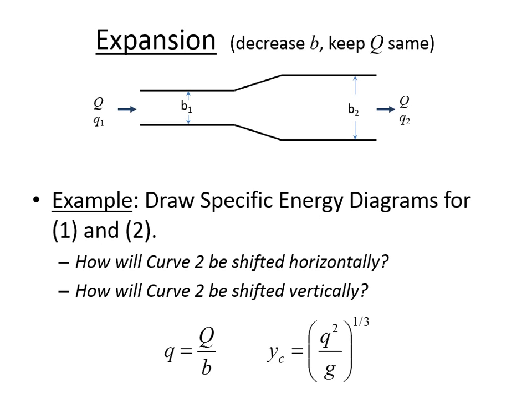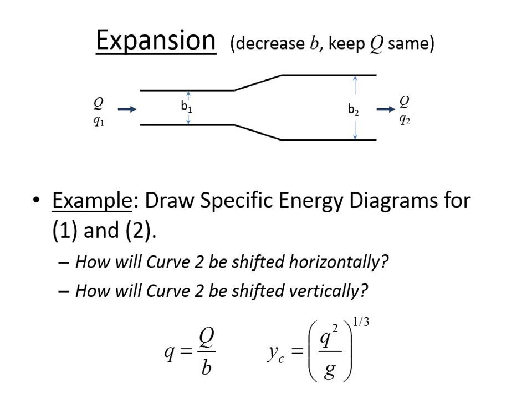So just before we finish for today, let's look at what happens to the specific energy diagram in an expansion. Okay, so here's our original specific energy diagram. What happened when the channel got narrower? It went up and to the right, so it looked like this.